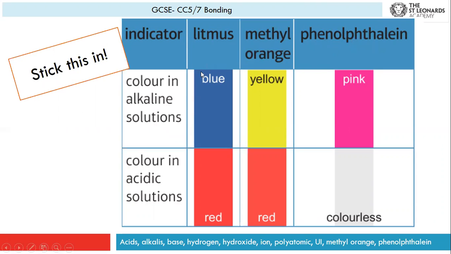As you can see, in an alkaline solution, litmus will turn blue. In an acidic solution, it will turn red. Methyl orange will turn yellow in alkali and red in acid. And finally, phenolphthalein gives you a pink color in alkali and goes colorless in acid.